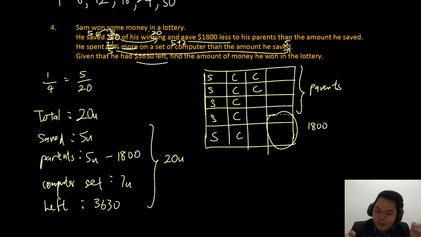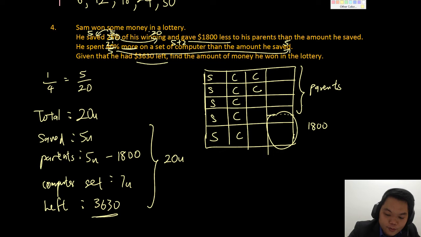So where is your 3630 going to go to? This 3630 is going to come here. Correct?